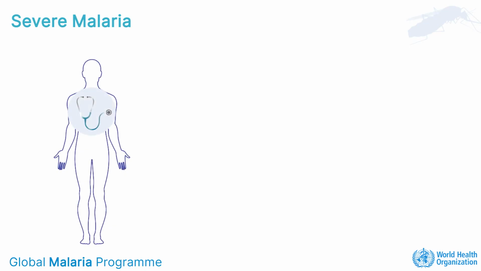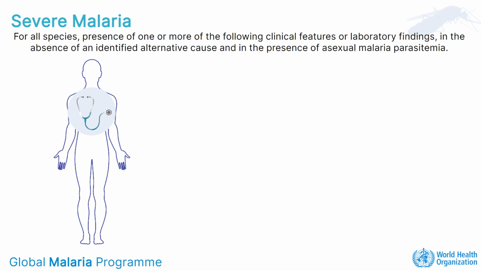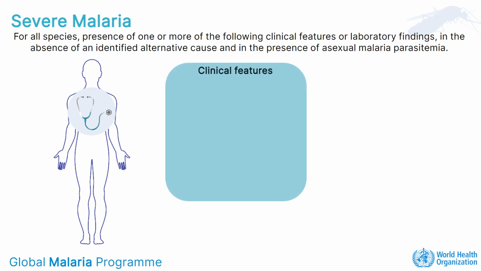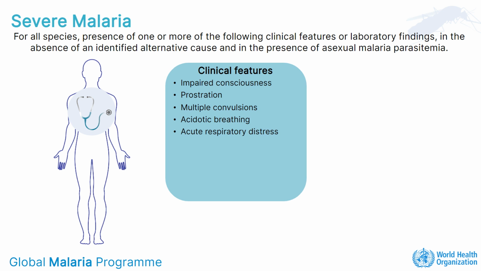Severe malaria can be dangerous to a patient and must be identified and treated immediately to prevent death. For all malaria parasites, severe malaria is defined as a positive parasitological test for malaria and at least one or more of the signs or symptoms of severe malaria listed in the table. The clinical features of severe malaria include impaired consciousness or coma, prostration, convulsions, acidotic breathing, acute respiratory distress, shock, acute kidney injury, jaundice with vital organ dysfunction, or significant bleeding.